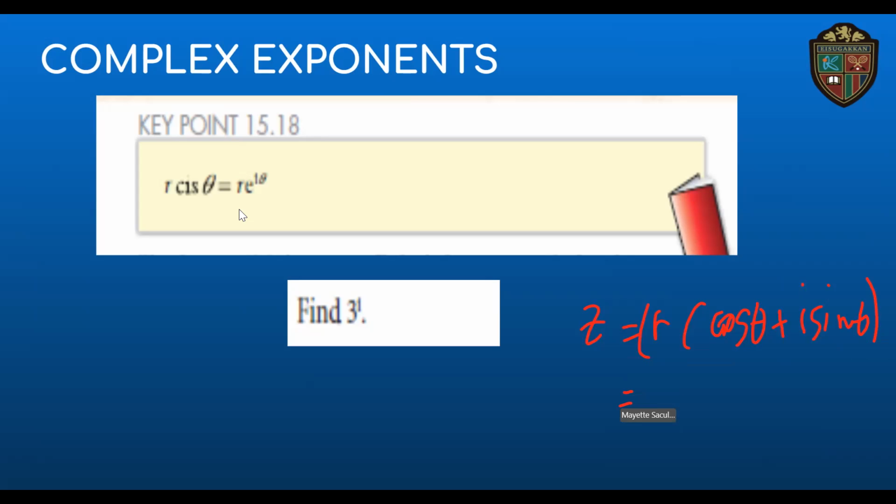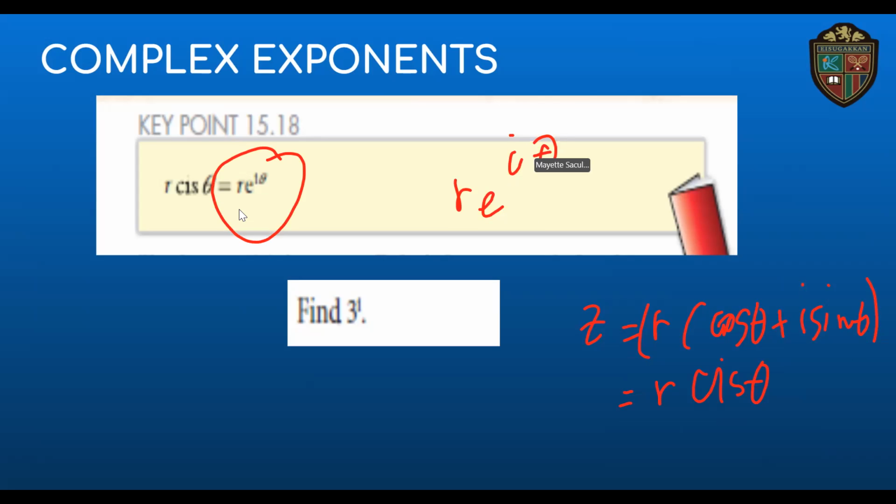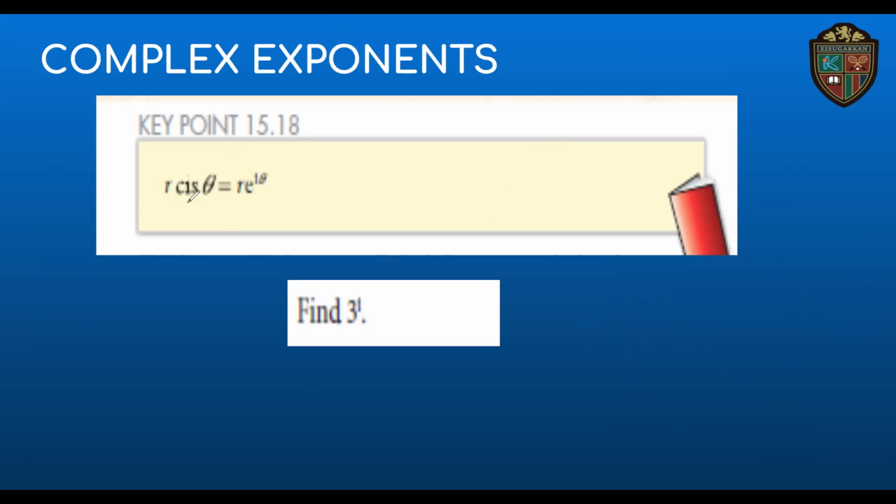So these two are the same. This is a shorter version. So the Euler form is r e to the power of i theta here. Now, before we answer this one, let me show the derivation first, why this is equal to this one.